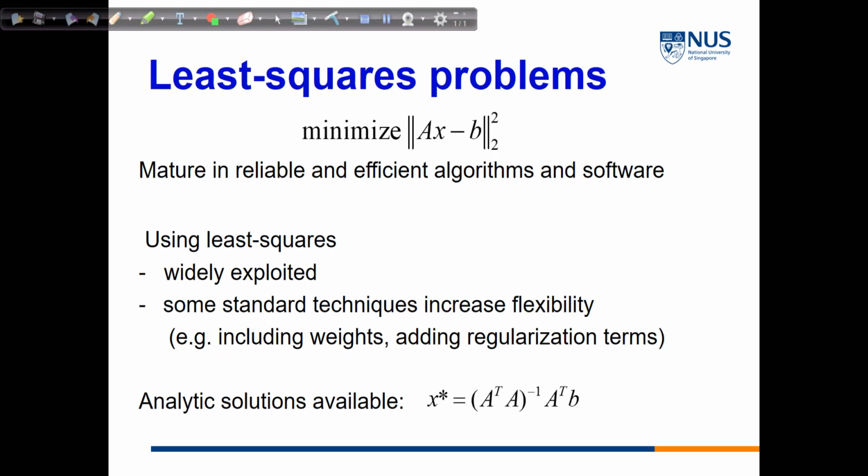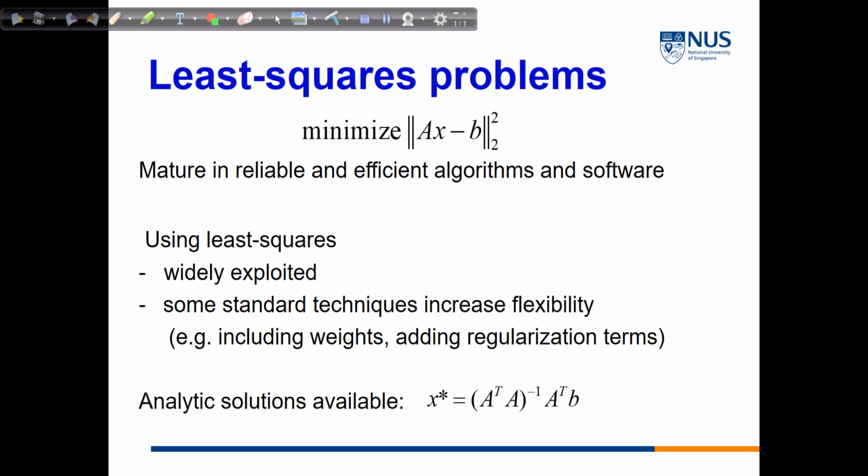The least squares problem is a very commonly seen and used problem in many different disciplines whenever you have data.